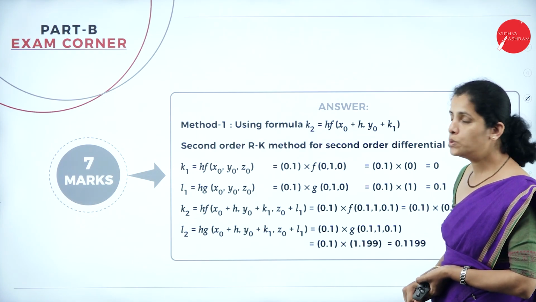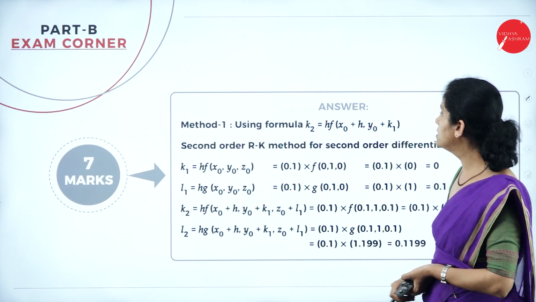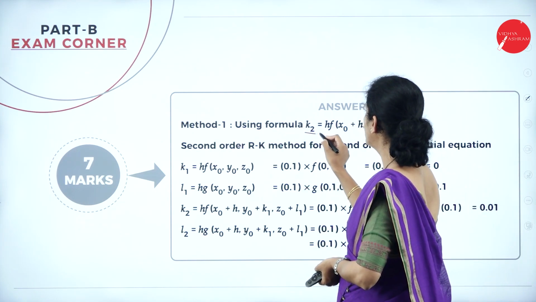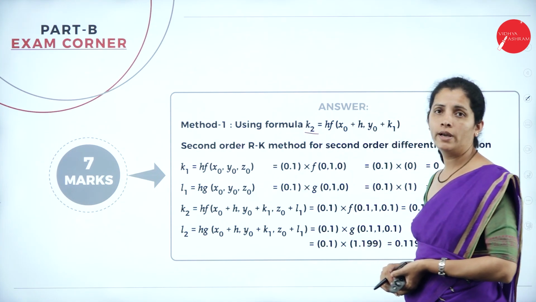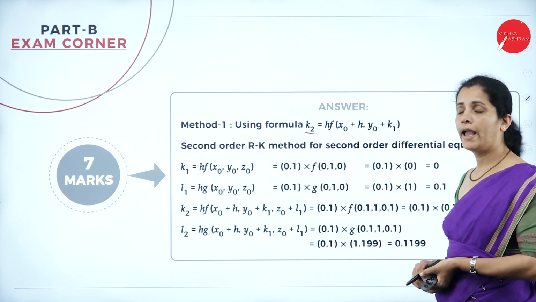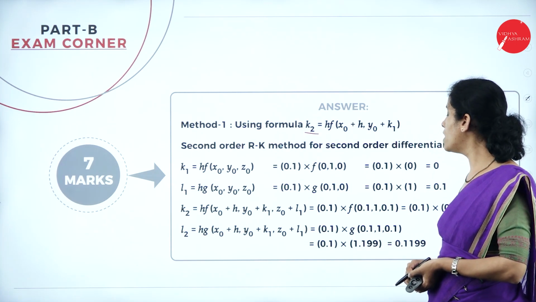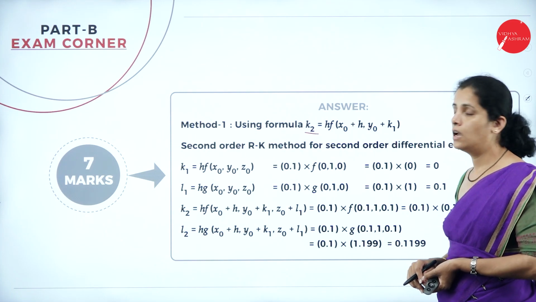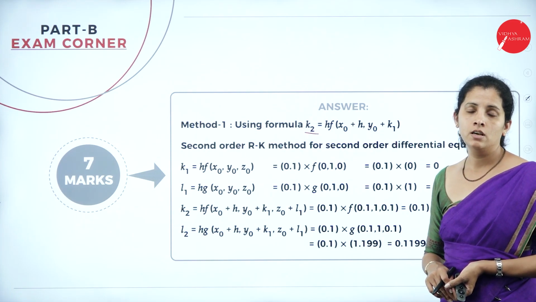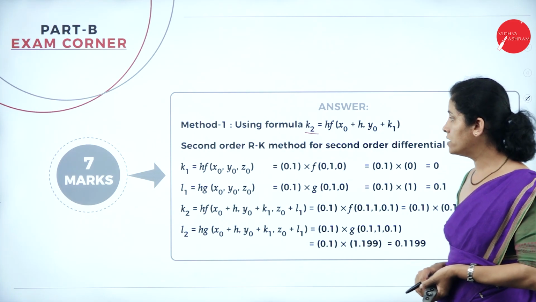Okay, fine. Using method 1, k2 equal to h f of x naught plus h comma y naught plus k1, and I want to use Runge-Kutta second order.